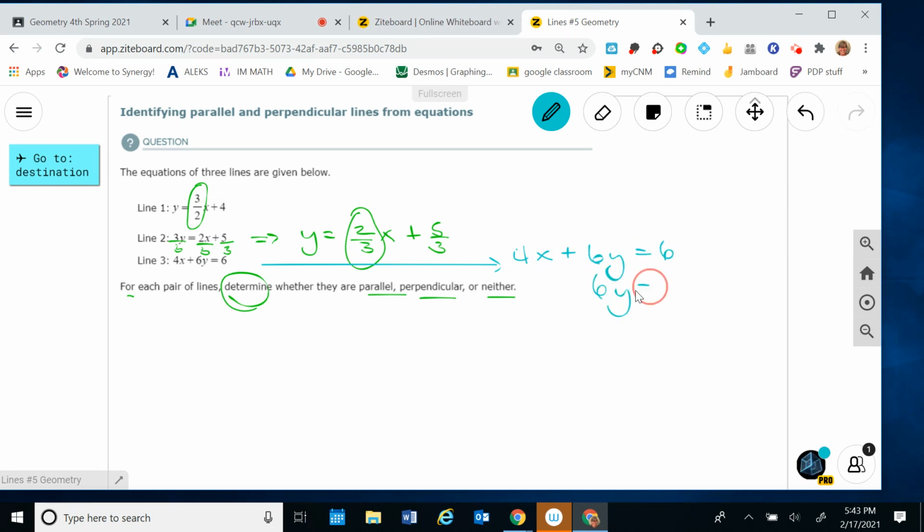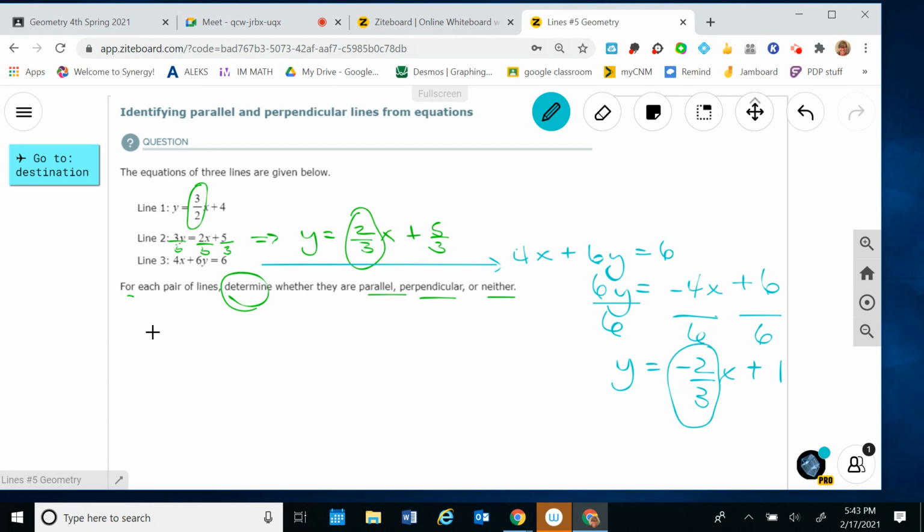We're going to solve for y. Kick the x over, change the sign, divide by 6. Y is equal to negative 2/3 x plus 1. Okay, so this slope is negative 2/3.